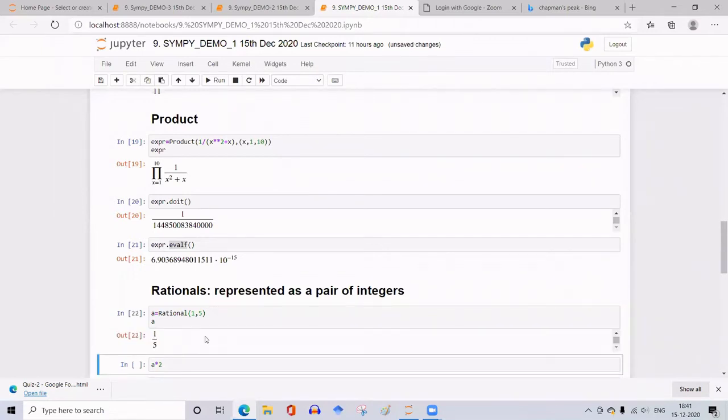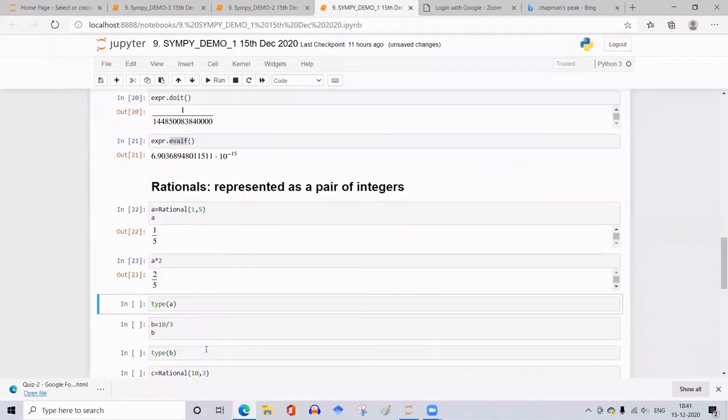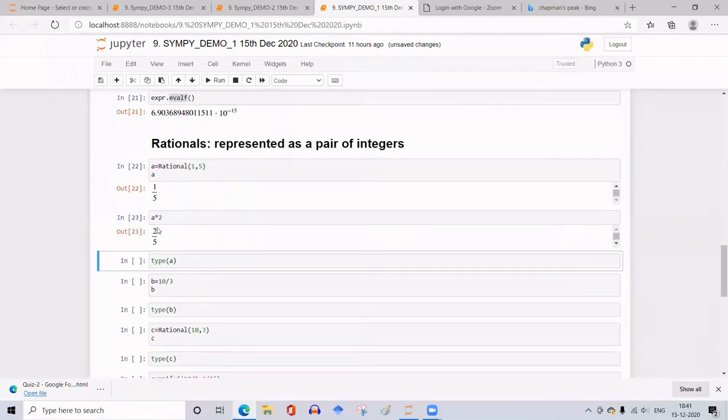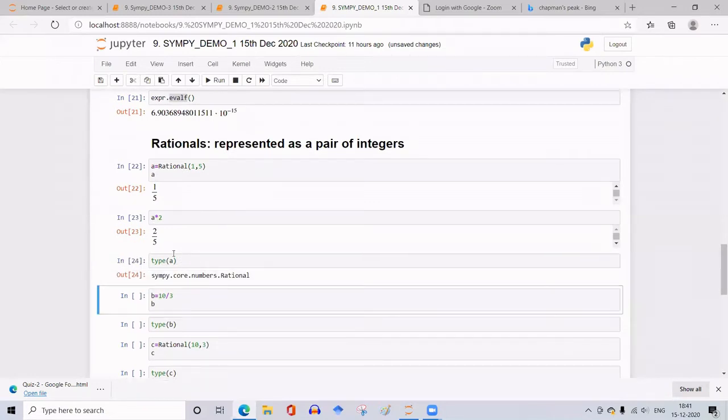Okay. So if I multiply by 2, I'll get the answer 2 by 5. Then find out what is the type of this a. We know how to get the type of this a. You will get that as a rational number. Okay. So a is a rational number.